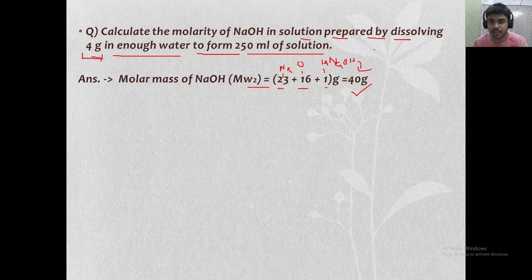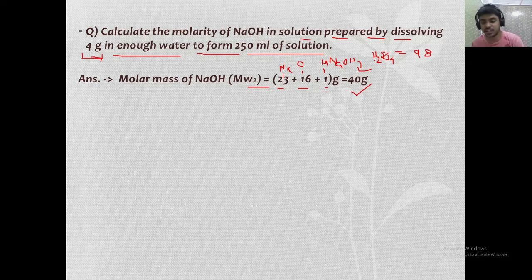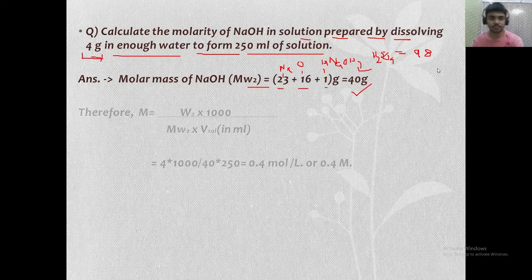It's 40 gram. And very common examples you must remember, like H2SO4. What's the molecular weight? Say quickly without calculating. It is 98. Because these small compounds' molecular weights you must remember, otherwise it will be a waste of time in your exam. You will remember by the course of time.